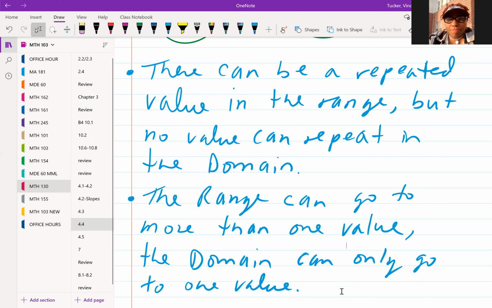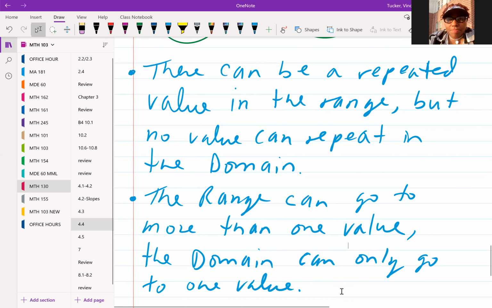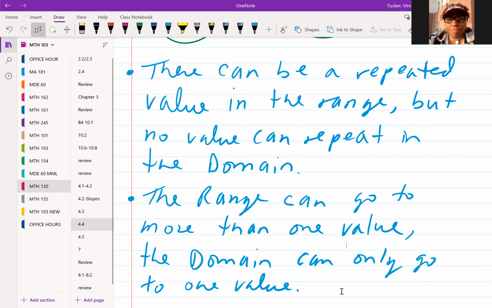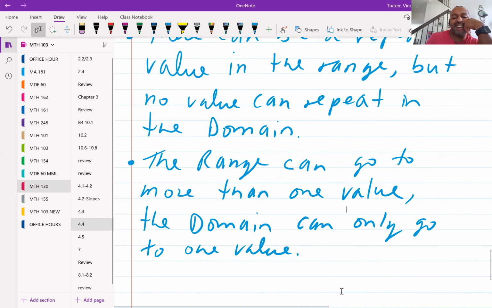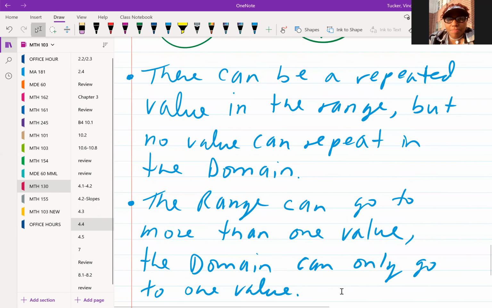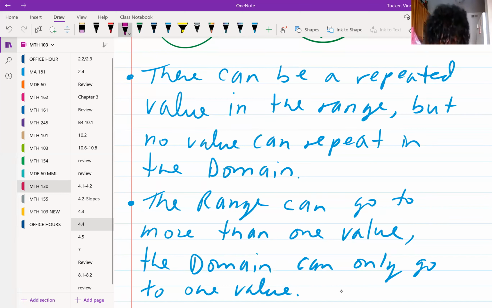All right, sir. Thank you. No problem. Anybody else holding on to these statements before we go to the next example? You've got to write both of them down. Now I'm going to ask you, what's this word right here? The range can go to more than, okay, more. Let me take my glasses.